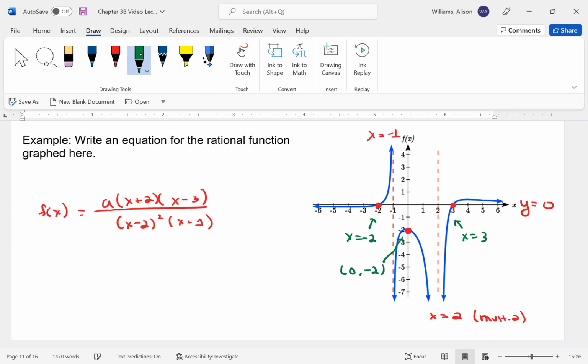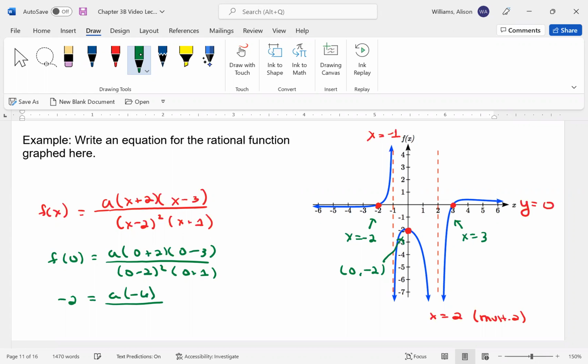So when I plug in 0, I get A times 0 plus 2. I'll write it out since we're showing this work. 0 minus 2 squared, 0 plus 1. That's going to be -2. That's what that ends up equaling. And over here, I have A times -6 over 4 times 1, so 4.